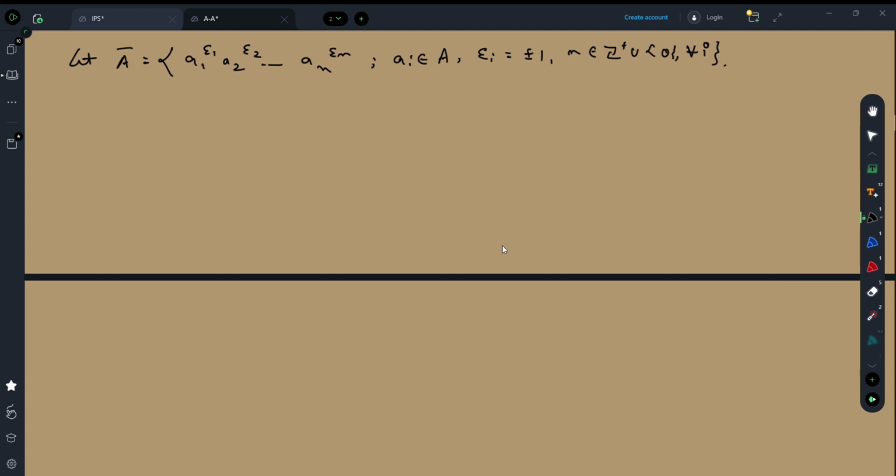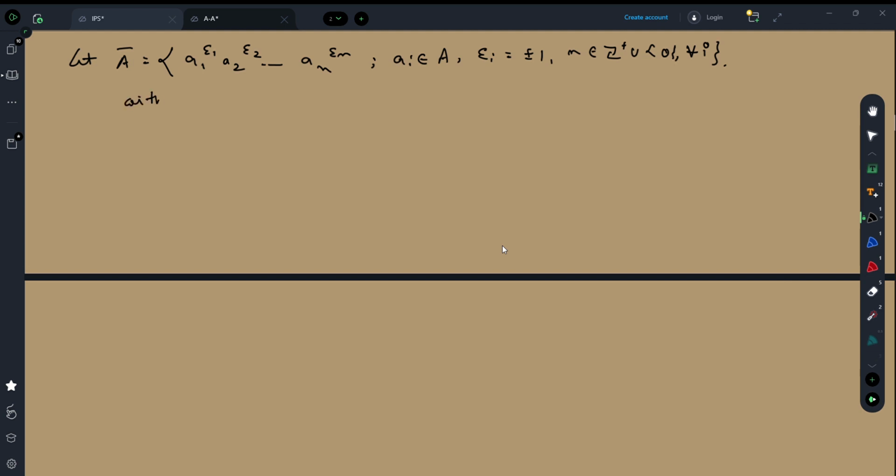Okay. So at this moment we are not concerned about whether A is finite or infinite. What we are doing is only taking a finite number of elements from A. If A is finite, there is nothing to do, it's very obvious. If A is infinite, we choose only a finite number of elements and consider the collection of these sorts of expressions.